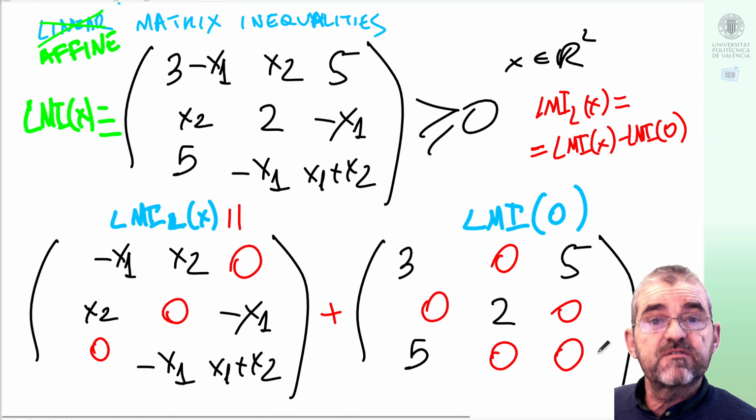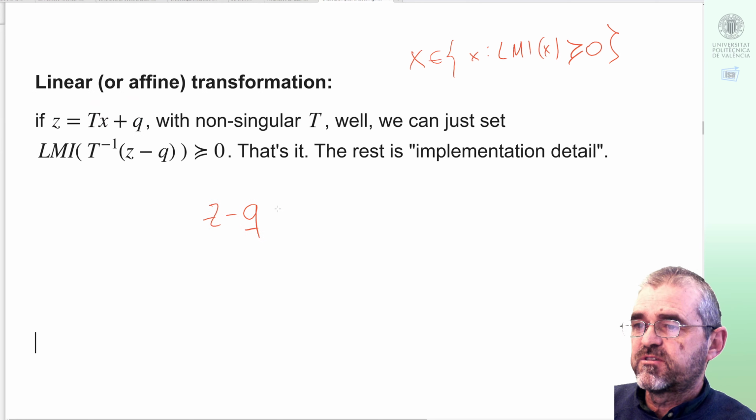Good. The thing is that if we are going to discuss transformations of LMI sets, then if we have, say, this affine transformation, X belongs to some LMI set, then if I build Z as this transformation of X, well, then as Z minus Q is TX, T inverse times Z minus Q is X. So if I just replace that in the argument of the LMI, then I have the new LMIs that the Z variable must verify.